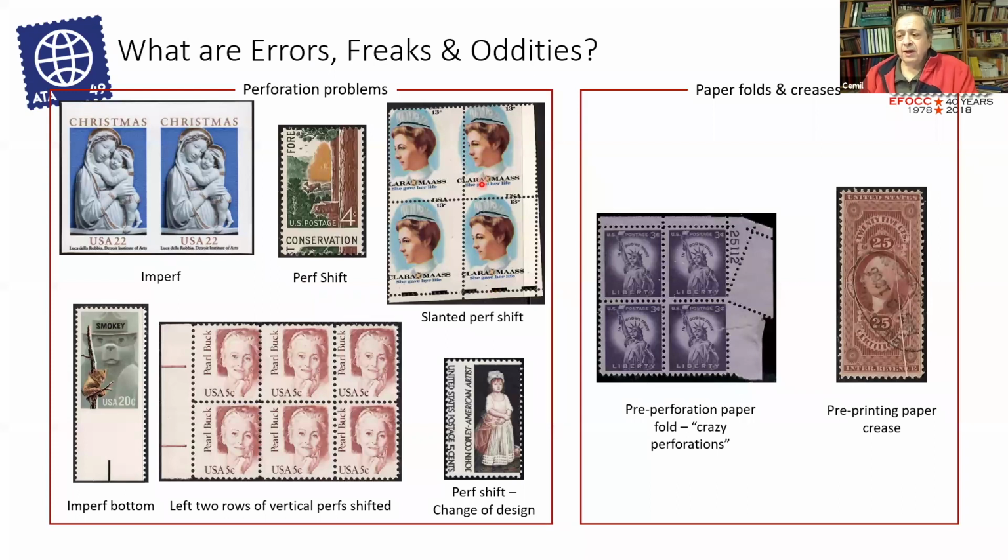So this is a slanted perforation, so you can try to take a guess what went wrong. It is possible in this case that the paper wasn't in the right position when the perforator perforated the sheet.